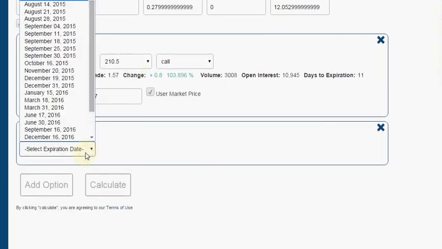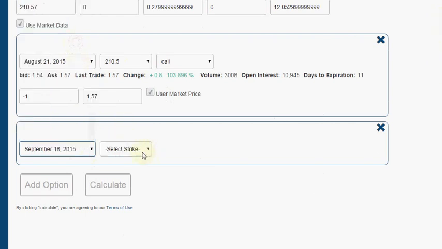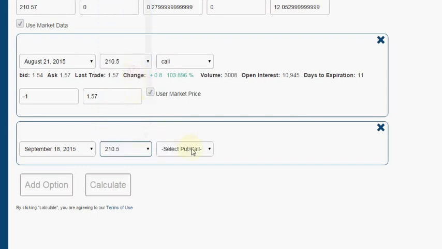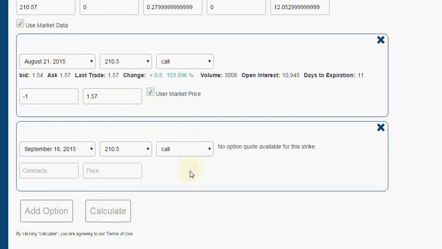Let's buy going about a month out, same strike. There's no options available for that.